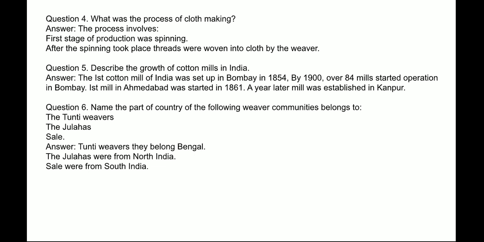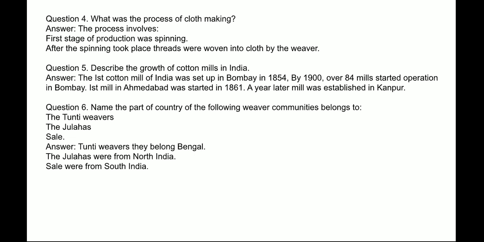Next question. Describe the growth of cotton mills in India. Answer. The first cotton mill of India was set up in Bombay in 1854. By 1900, over 84 mills started operation in Bombay. First mill in Ahmedabad was started in 1861.